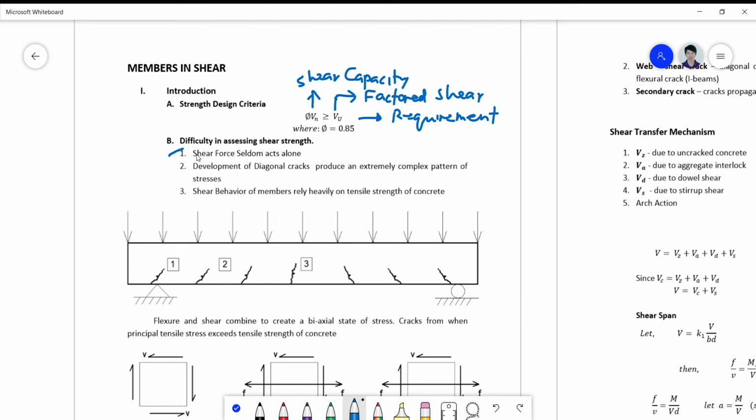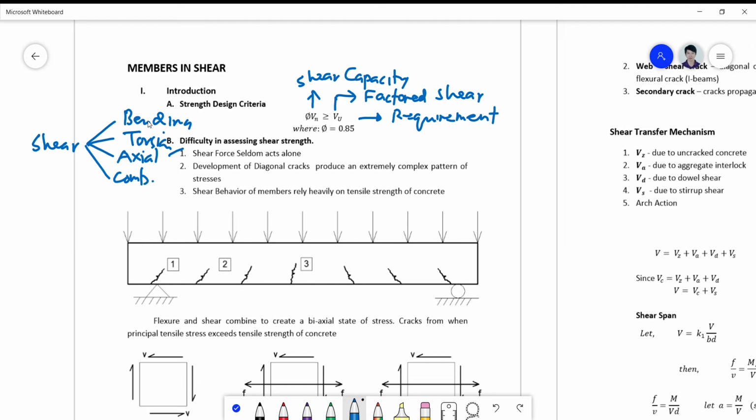Shear always acts with a lot of other behavioral characteristics, such as bending, torsion, actual behavior, and a combination of these, which influence the difficulty in the assessment of shear strength.